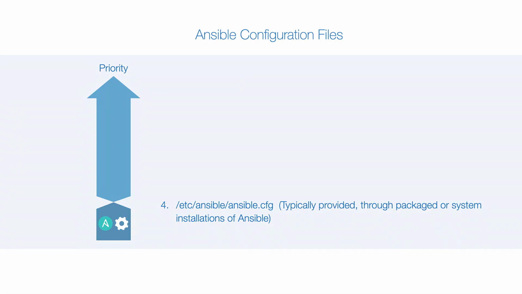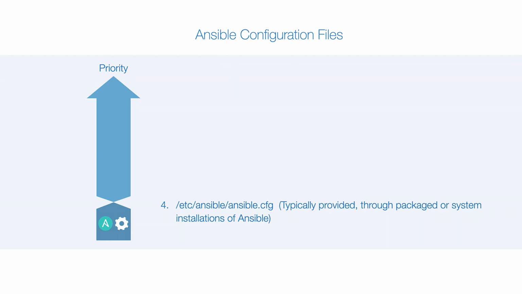The lowest of the priority is the /etc/ansible/ansible.cfg configuration file, and this location is typically used when Ansible is installed via a system installation. So for example, on Ubuntu if you used an apt install ansible, or if you were using a RHEL, CentOS or AWS Linux system by doing a yum or a dnf install ansible.